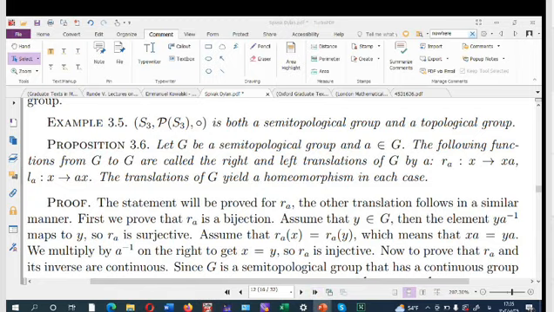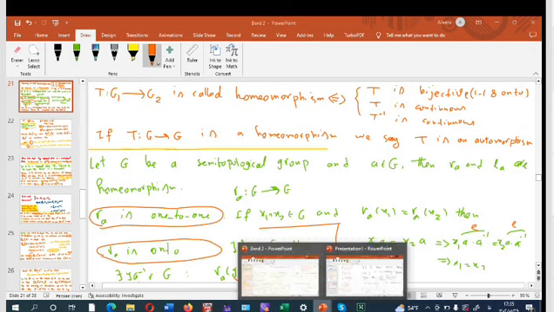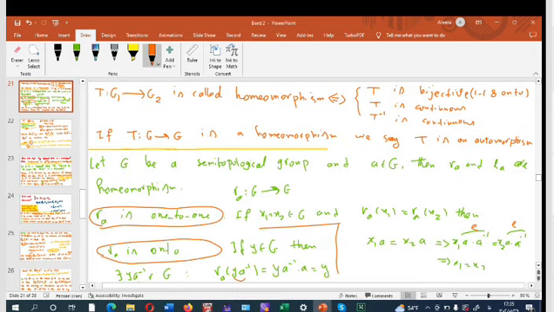Let me recall this definition for you. In general, a function such as T from G1 to G2, where G1 and G2 are two groups, is called a homeomorphism if we have these three conditions.